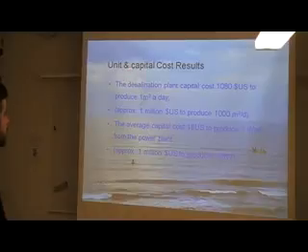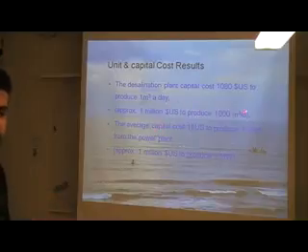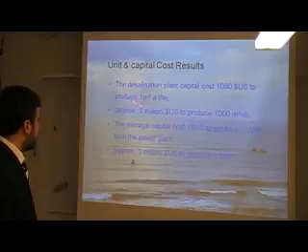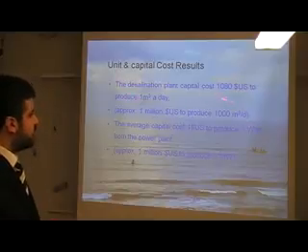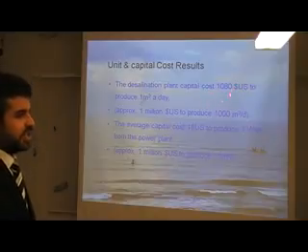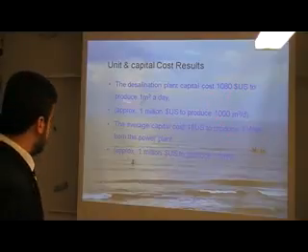Here, unit and capital cost results for desalination. These values were obtained from more than 18 projects, close to the same value for Mediterranean Sea water.